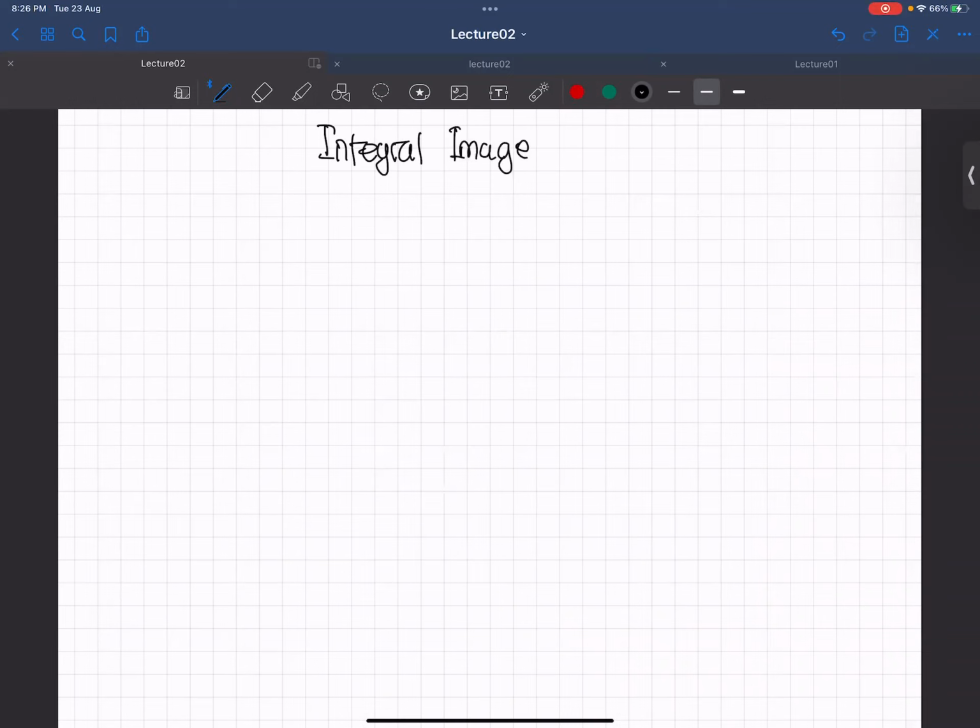So the integral image formulation is II(x, y). Maybe for efficiency, I can just copy and paste.